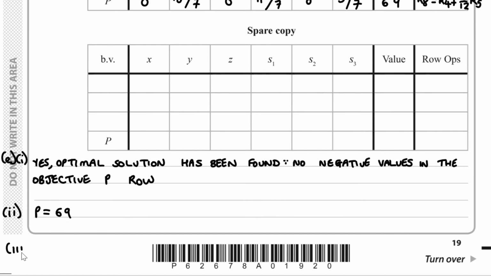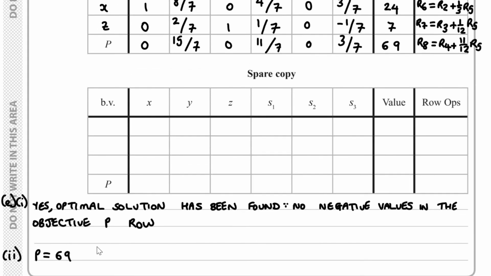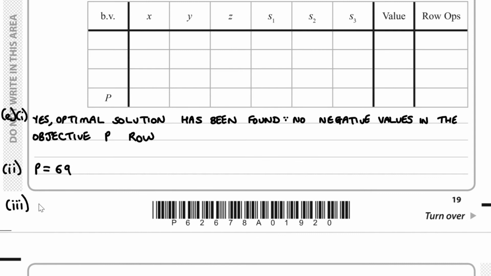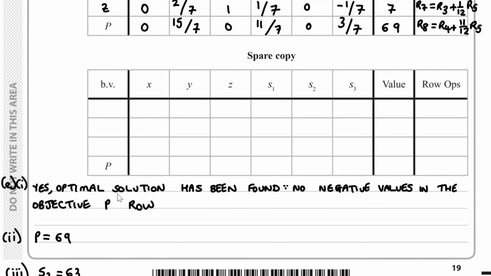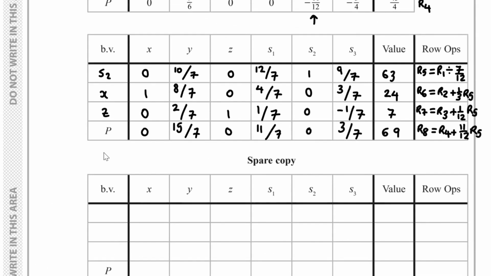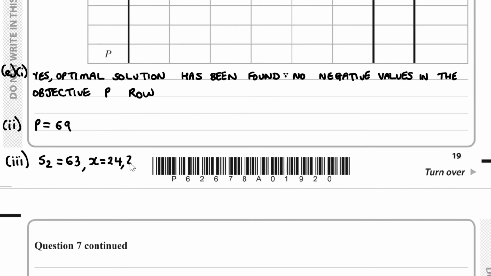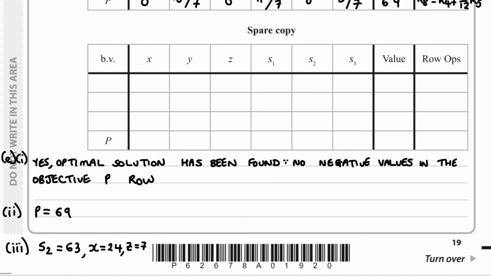And then for the next part, for the basic variables, S2 is equal to 63. So we have S2 equals 63. X is equal to 24. And Z is equal to 7. So this is the end of the paper.